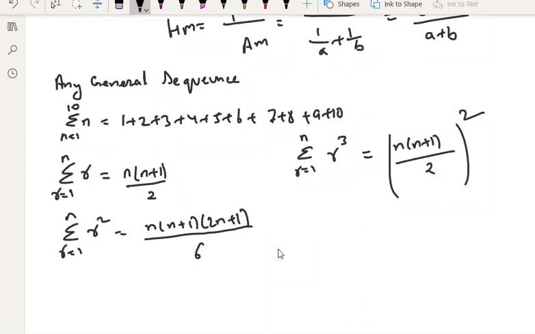Summation of r square, which is the sum of squares of natural numbers, is n into n plus 1 into 2n plus 1 by 6. And summation of r cube, which is 1 cube plus 2 cube plus 3 cube till n cube, is n into n plus 1 by 2 whole square.